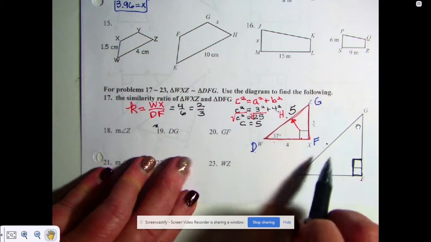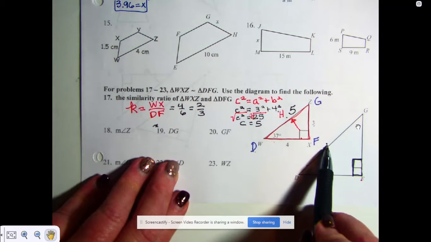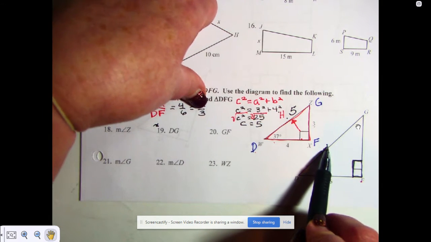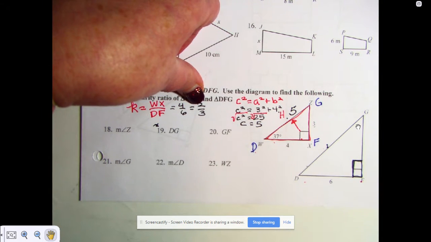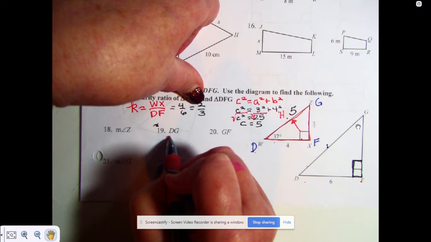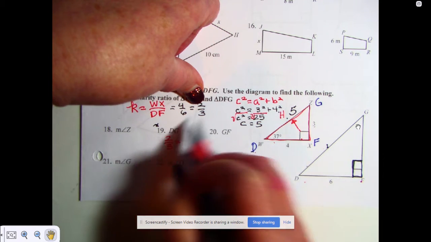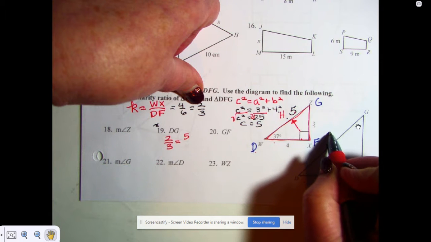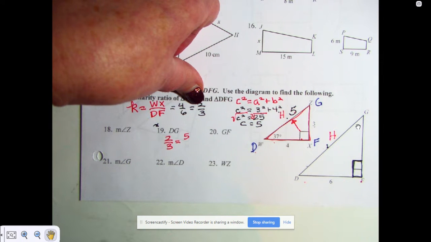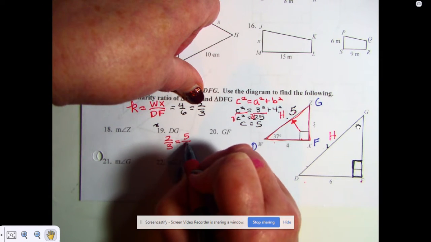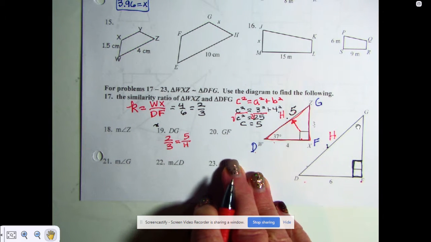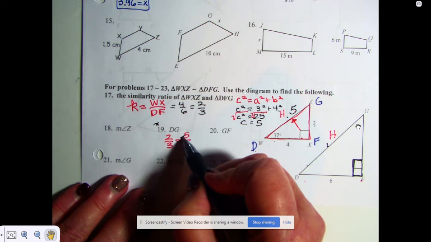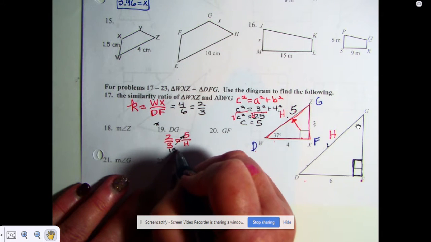Well, now I'm ready to go back and find this length. I'm going to take my scale factor, which is 2 to 3. 5 represented the hypotenuse here. We don't know the hypotenuse here, so I'm going to put H there. And let's see what we get. We go upstairs and multiply, we get 15.